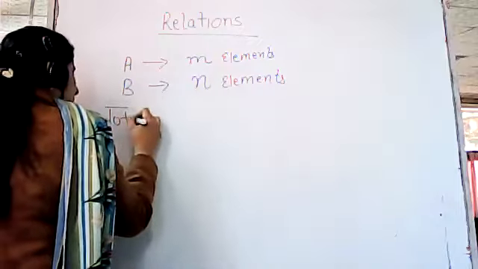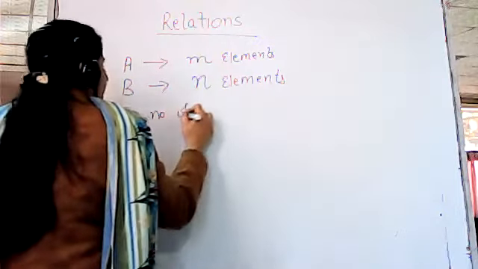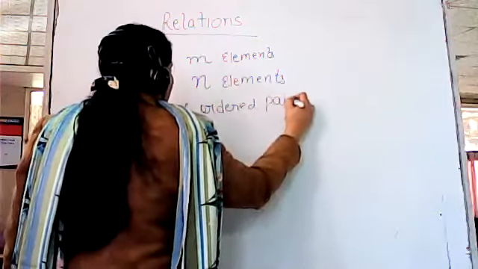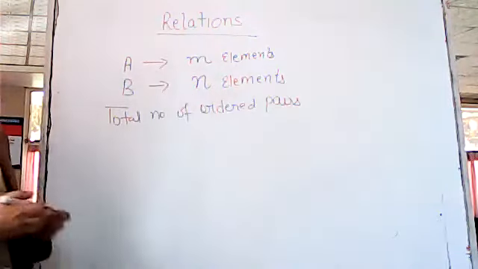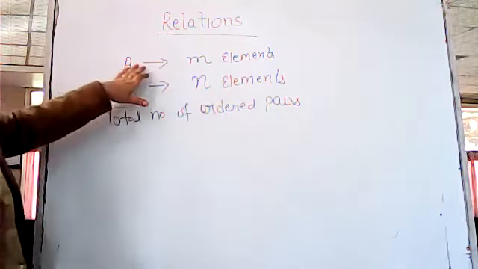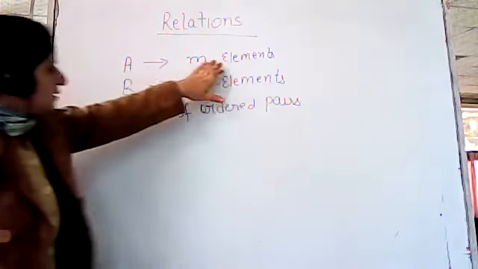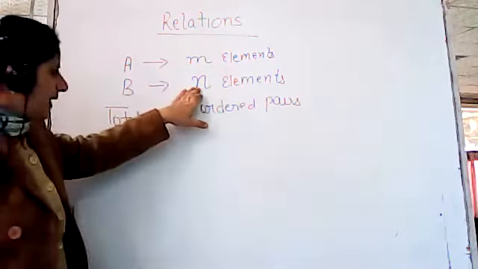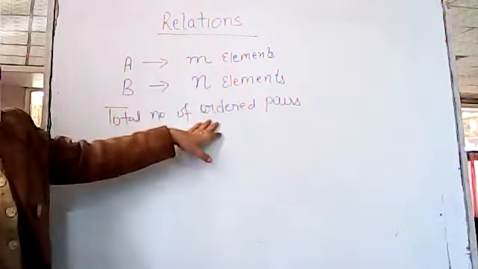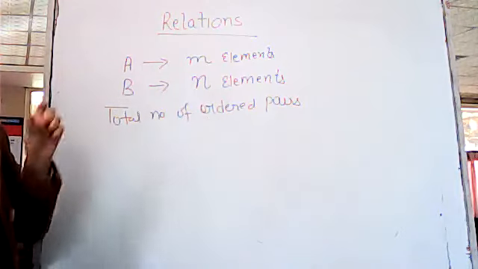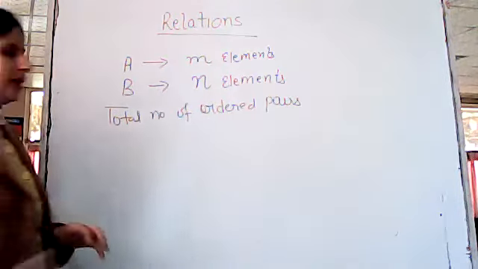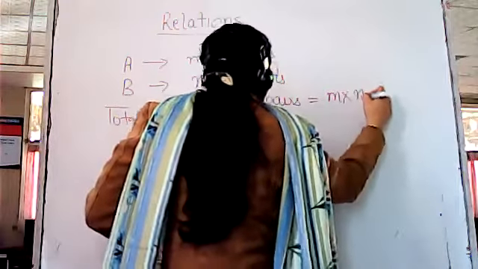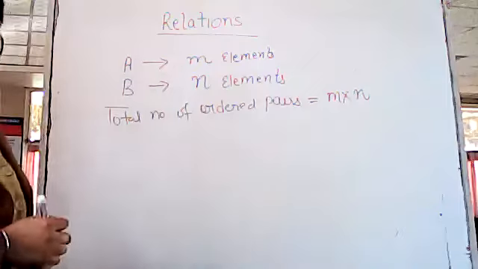Then what is the total number of ordered pairs? This is very important. How many ordered pairs are possible in the Cartesian product of two sets? A is the first set, this consists of m elements. B is the second set having n elements. Then what is the total number of ordered pairs? Ordered pairs always come in the Cartesian product. It means the total number of ordered pairs is equal to m into n.